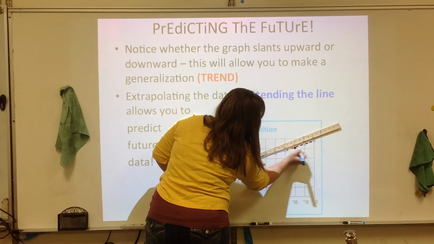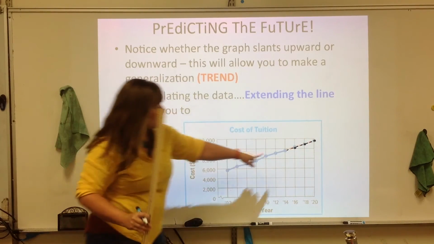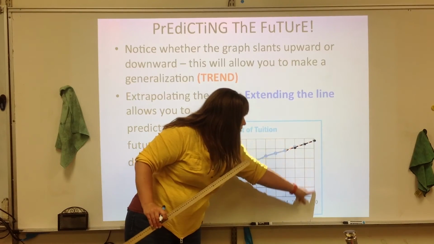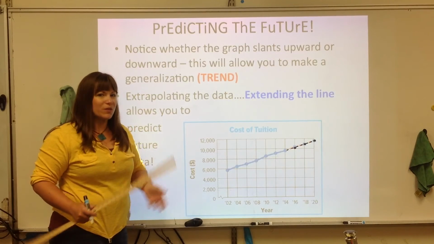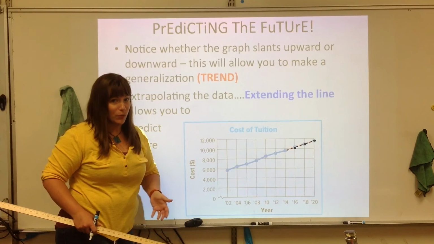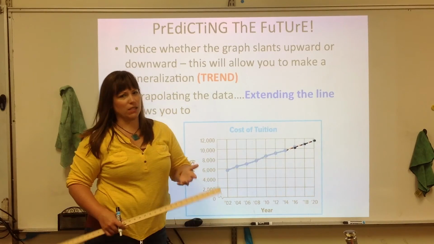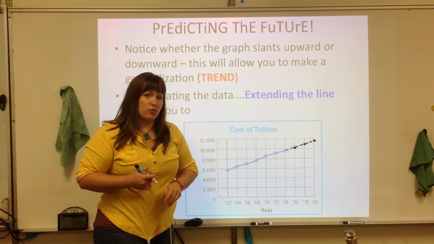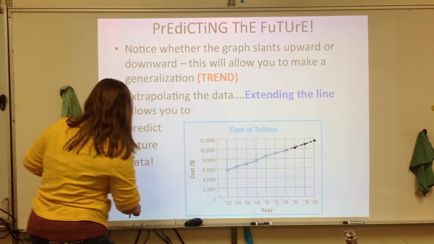And then you can see where the dots fall, and I put a dot on this 2016 line, 2018 line, and 2020 line so that I can answer the question, well, what do you predict the tuition will be in 2020? We predict it'll be up to 12,000. Obviously, this is old data. This might not be accurate, but that is how you can predict what trends will be in the future.